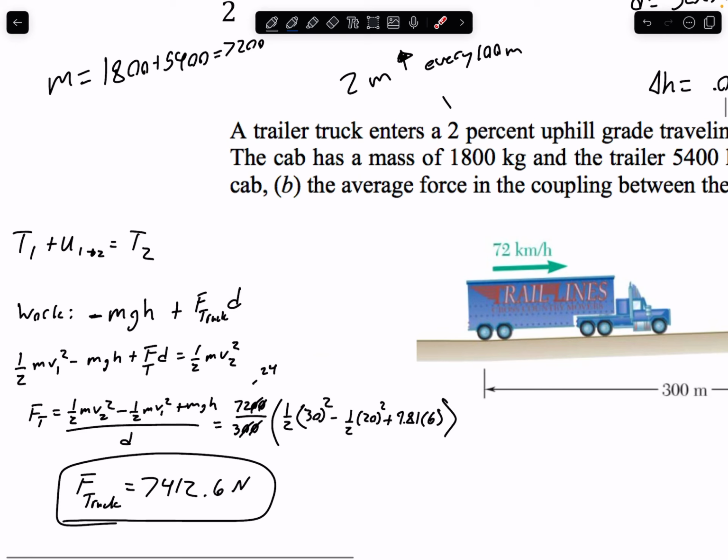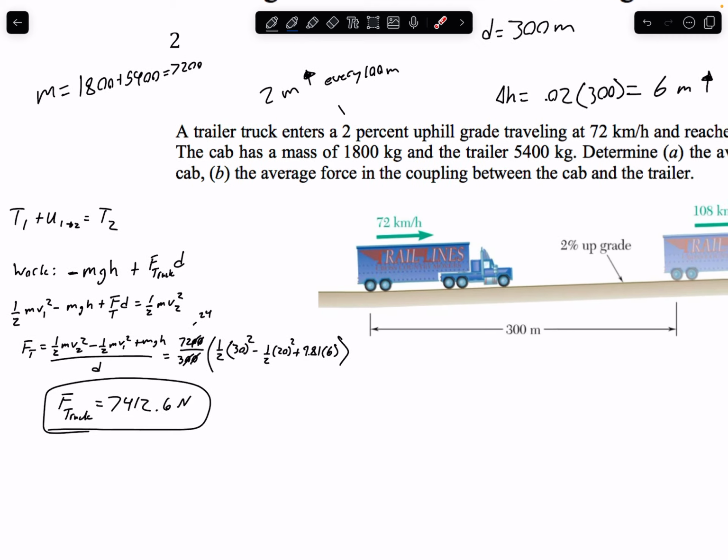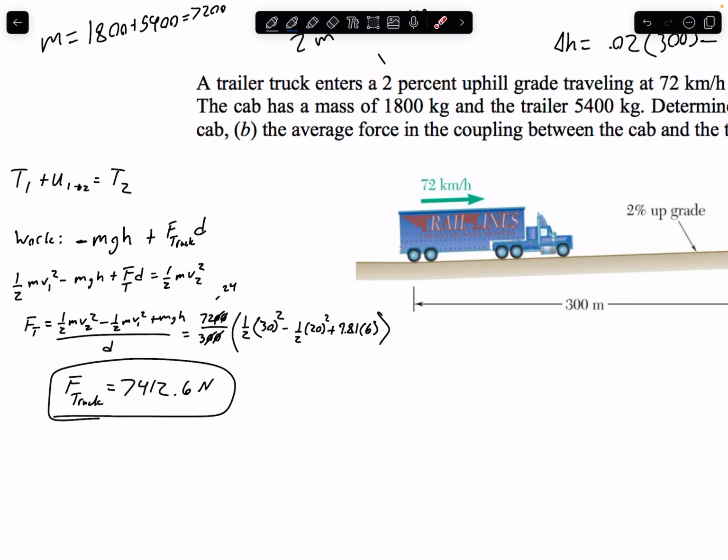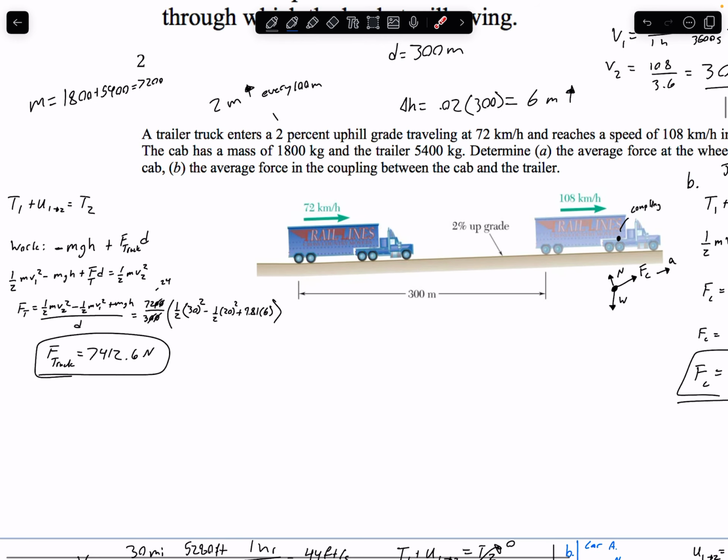And so we have initial velocity, work being done, and final velocity. And we know that the work being done is gravity doing work, which is just mass times gravity times the height difference. And then we also know that there's the force of the truck over the distance.